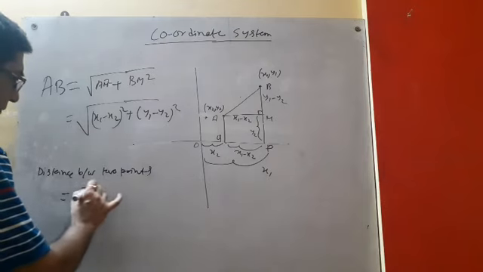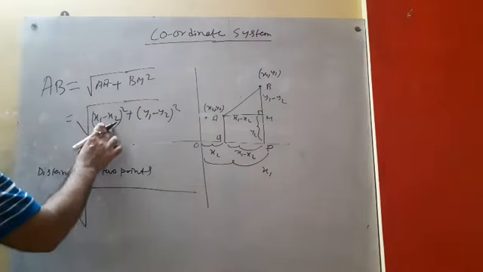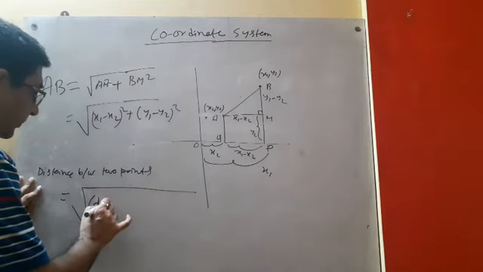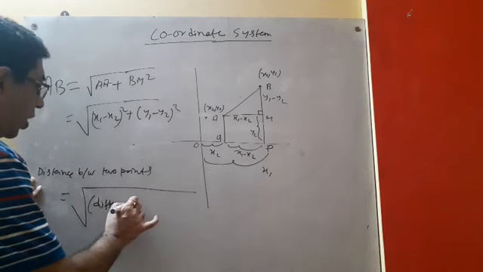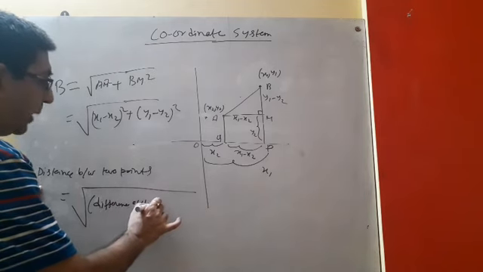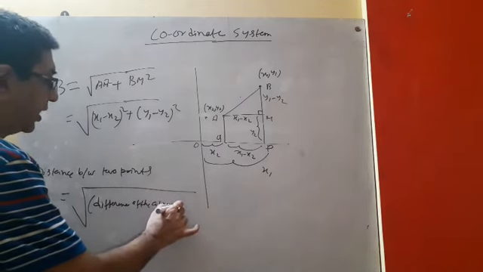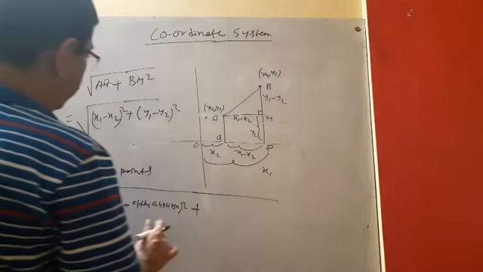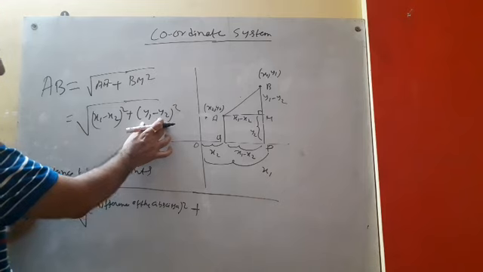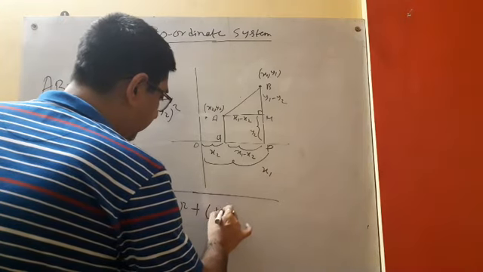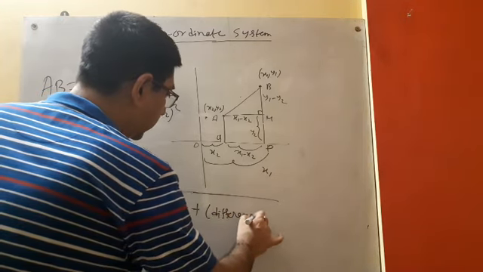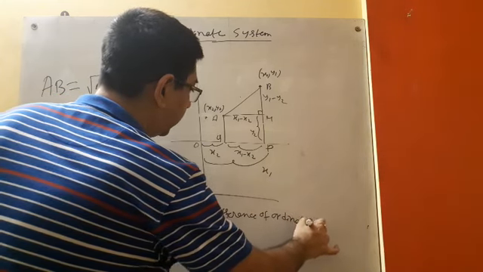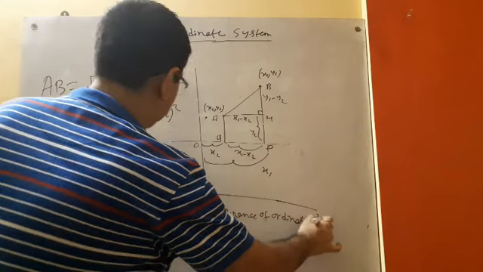What can I write? x1 minus x2 means the difference of the abscissa, whole square, plus, this is what? This is the difference of ordinates, whole square.